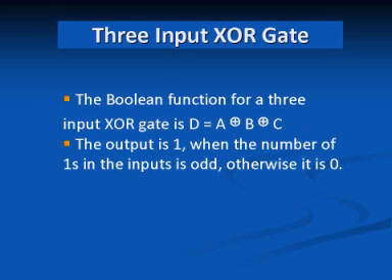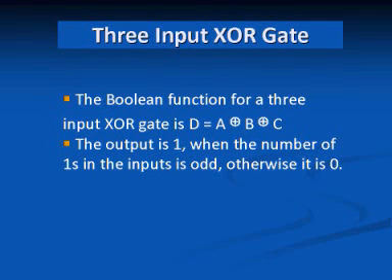Like all the other previous gates, an XOR gate can also have more than two inputs, and the Boolean function for a 3-input XOR gate will then be D is equal to A XOR B XOR C. We shall see shortly that the output is 1 when the number of ones in the input is odd, otherwise it is 0.